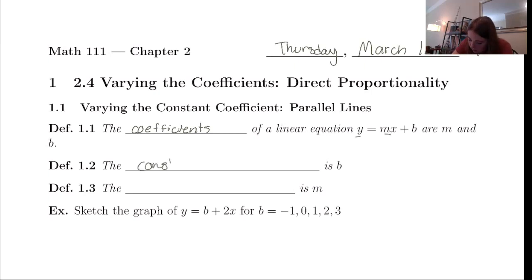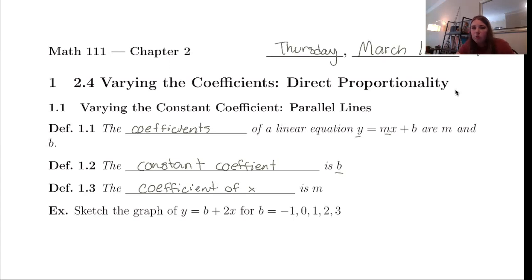The constant coefficient is b. Right? Just b. The coefficient, so m is called the coefficient of x, right?